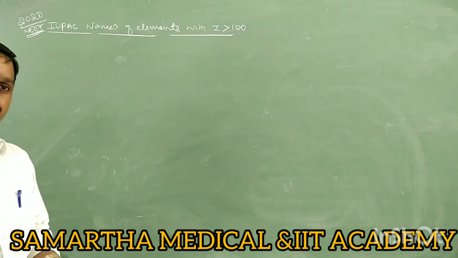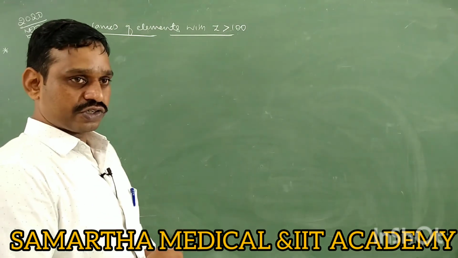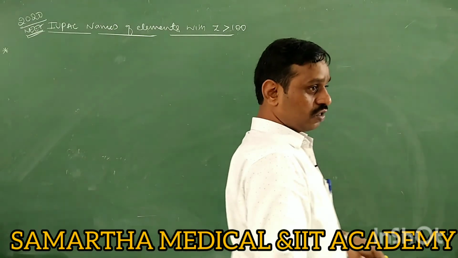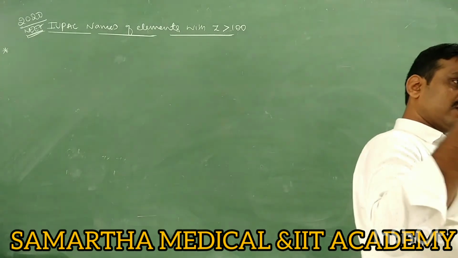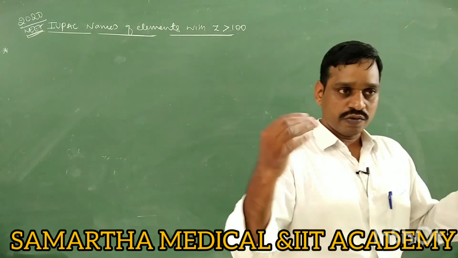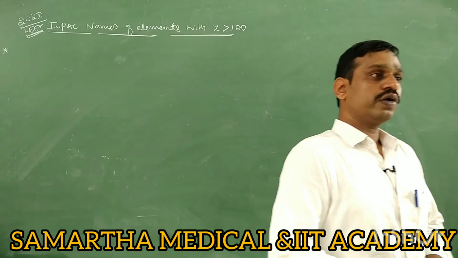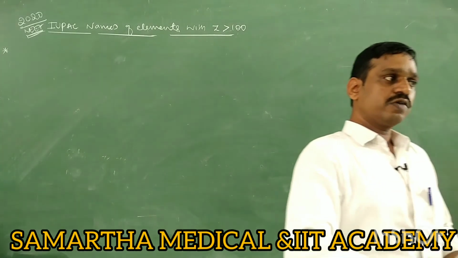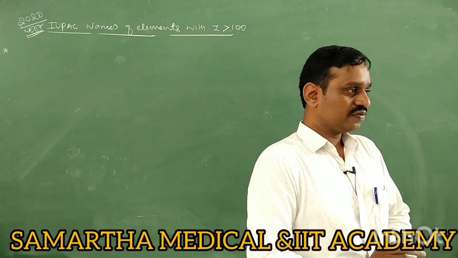But when IUPAC was introduced, IUPAC kept one rule. Whoever prepared, synthesized, identified or discovered an element, whatever it is, they don't have any right to give the name. The name has to be decided by IUPAC itself.